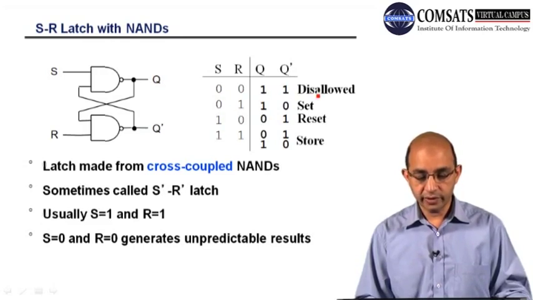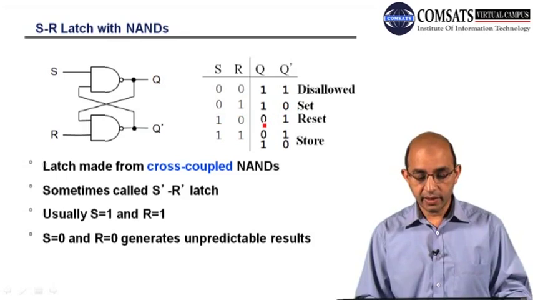So we have to avoid this, disallowed. Then 0 1 means we want to reset the latch. Here we have 1 at Q and 0 at Q bar, so we have set the latch.